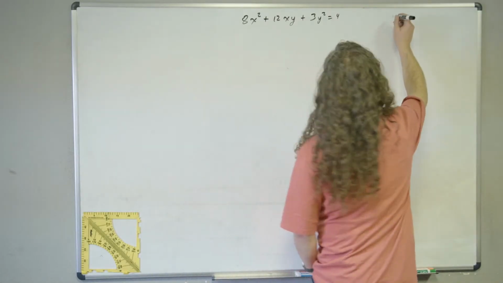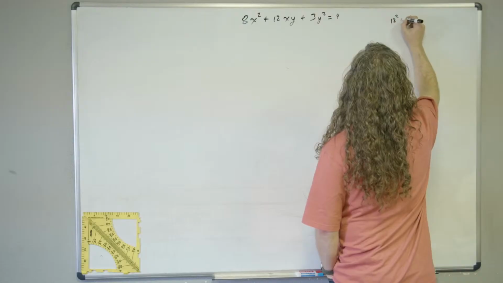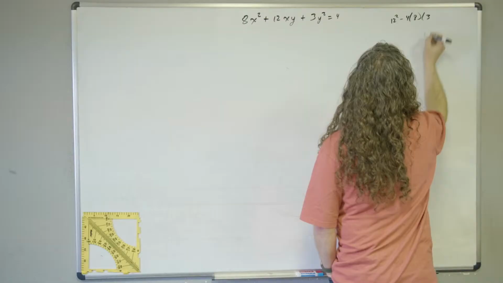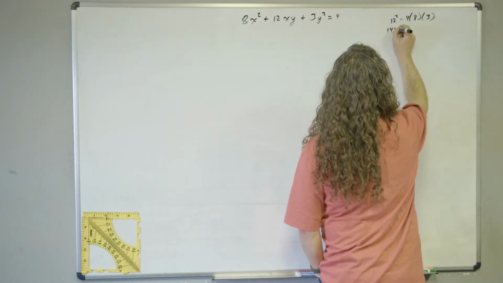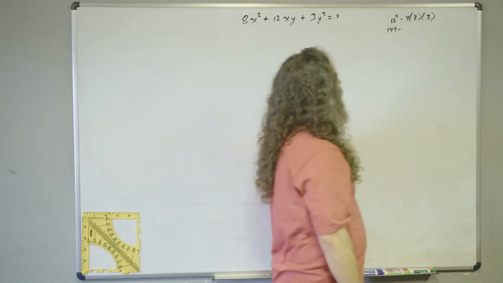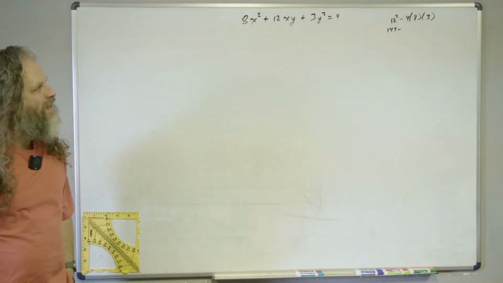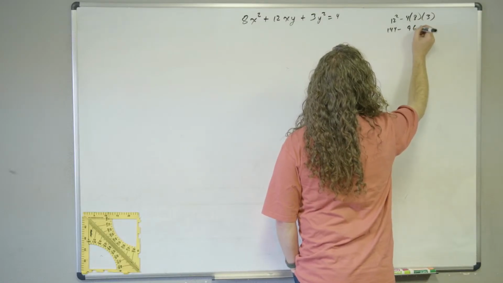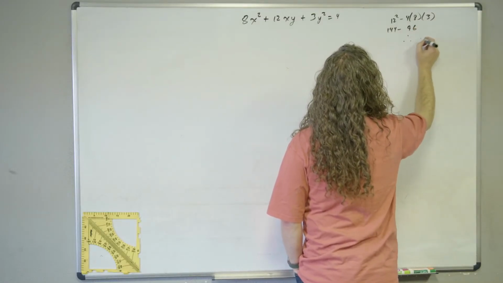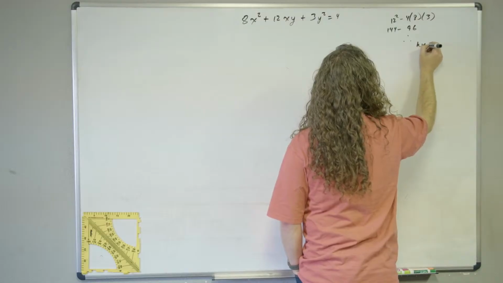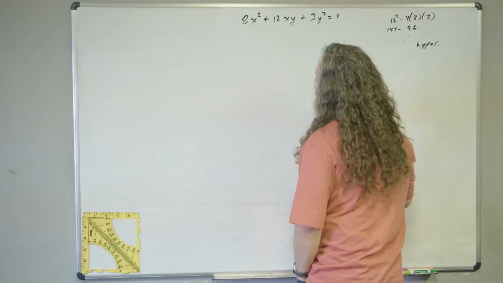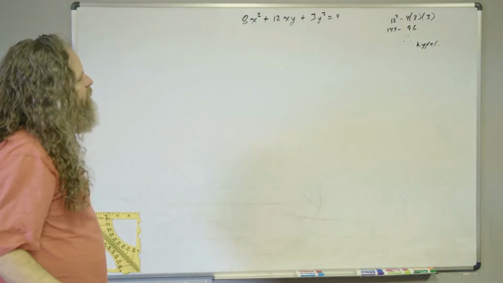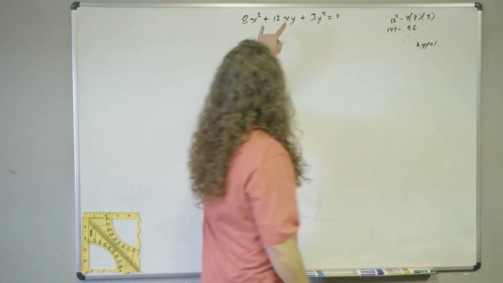It is a hyperbola. 12 squared minus 4 times 8 times 3. 144 minus 12 times 8 is 96. Positive, greater than 0. Therefore, hyperbola. It's a hyperbola that is rotated, and we know it's rotated because of that.